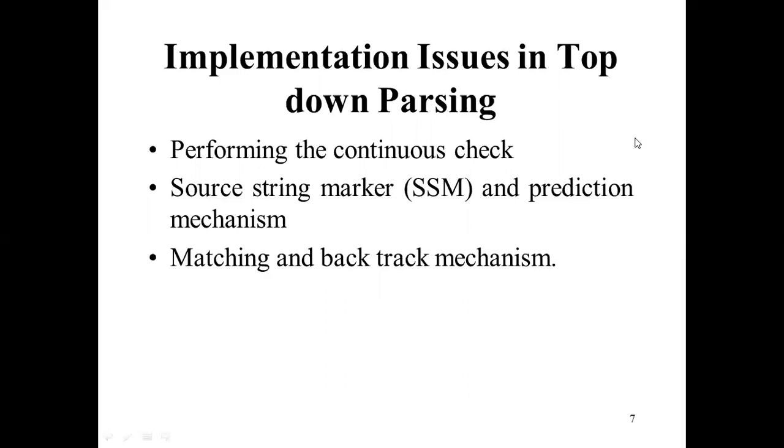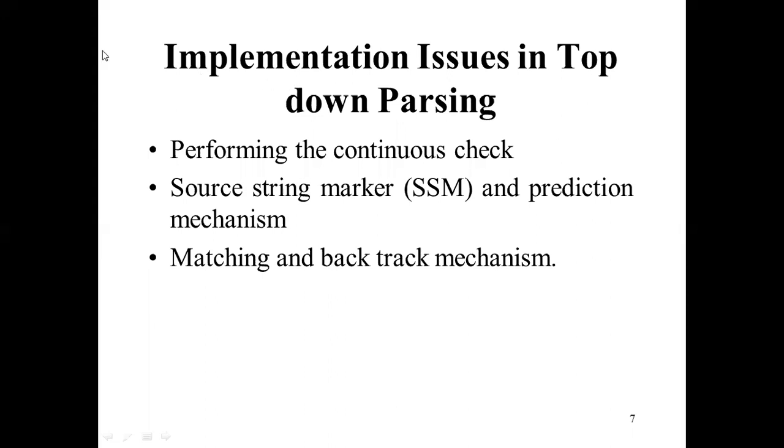If the matching is possible, then your particular output is matching. Otherwise, you return back. That is called the backtrack mechanism. Then you choose another option, and again you get the output you want.